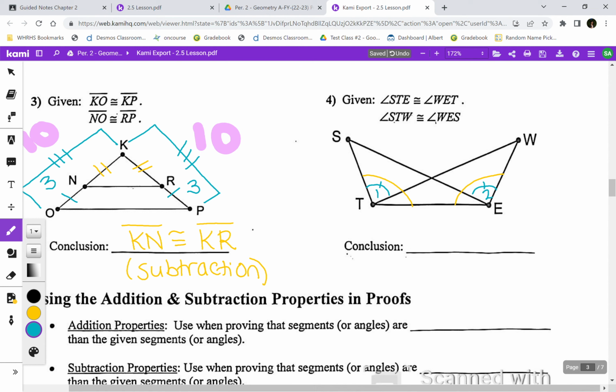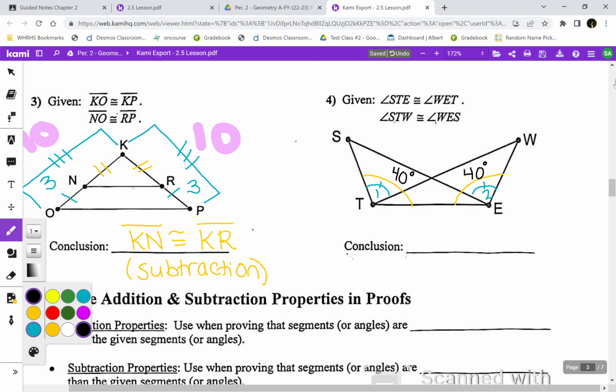And now we need a conclusion. I know there's no numbers, but let's give it numbers to make it easier for you to see. Let's say angle STE was 40 degrees. If angle STE is 40 degrees, WET is also 40 degrees.